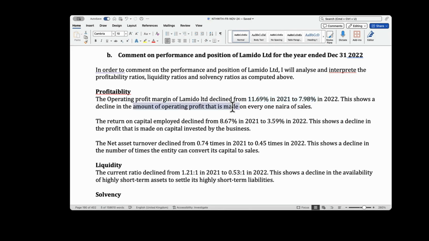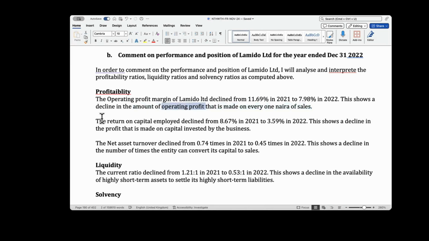See, this statement here, I've interpreted this ratio. I've explained this ratio because I've told them the meaning of operating profit margin. There's a decline in the amount of operating profit that is made on every ₦1 of sales.